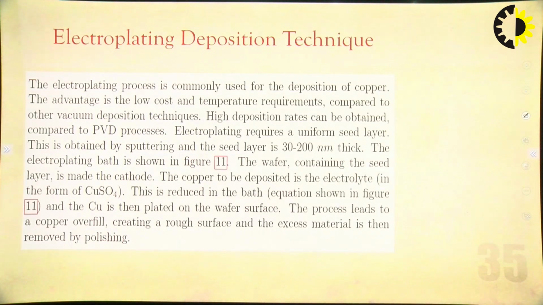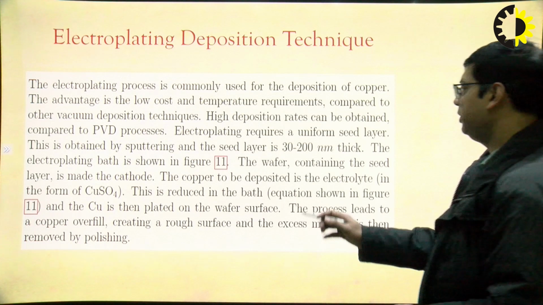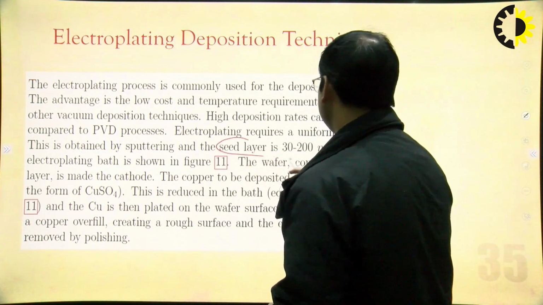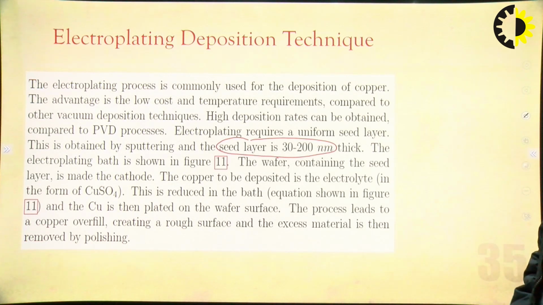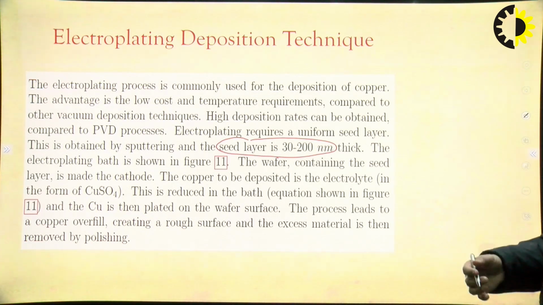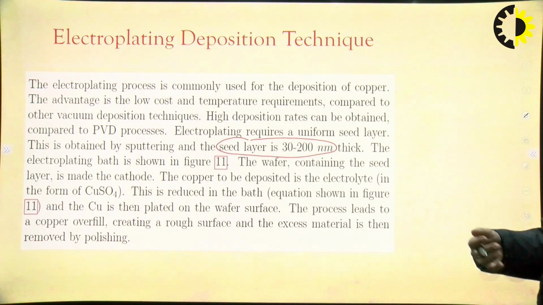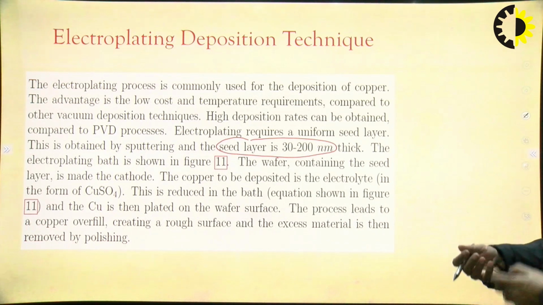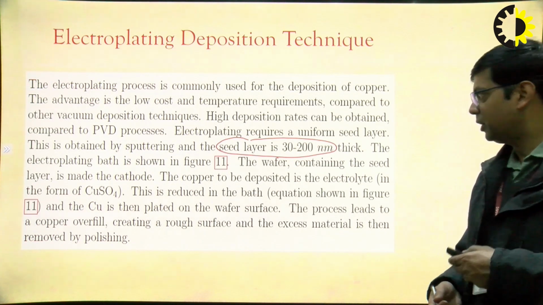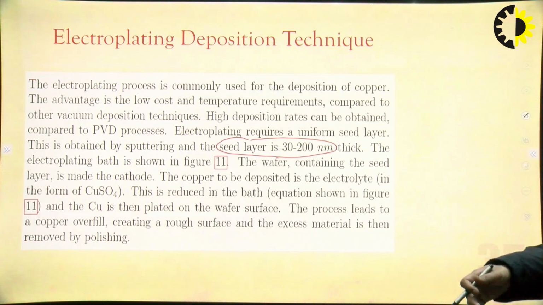So the last one is electroplating deposition technique. In electroplating deposition technique, we need a seed layer. We need a seed layer on which more thicker metal layer can be deposited with the help of electroplating.